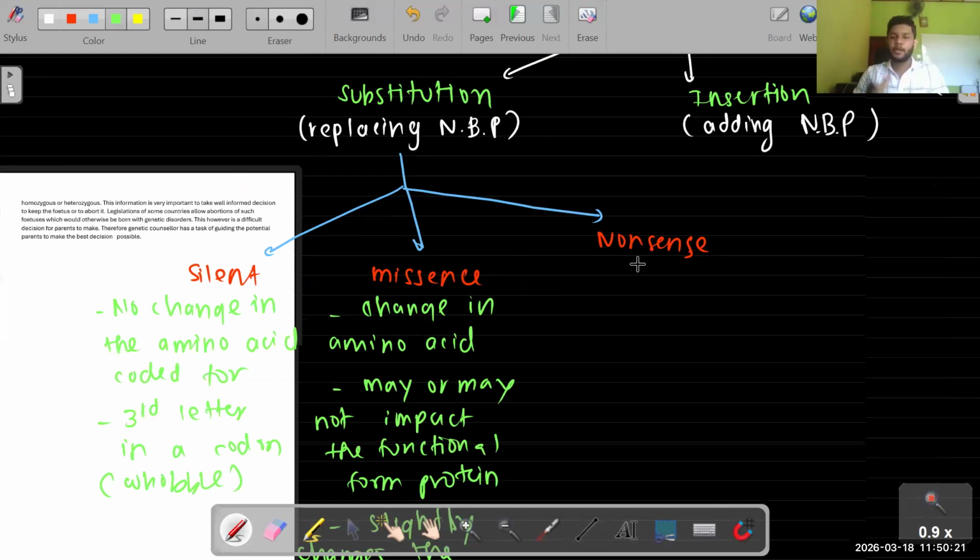What happens here is after the point of mutation, if it comes across a stop codon. Stop codon means UAG, UGA, UAA. If these three codons are made, then a nonsense mutation takes place, which means they'll be causing premature termination of protein synthesis and they'll be stopping the coding. Is it clear?